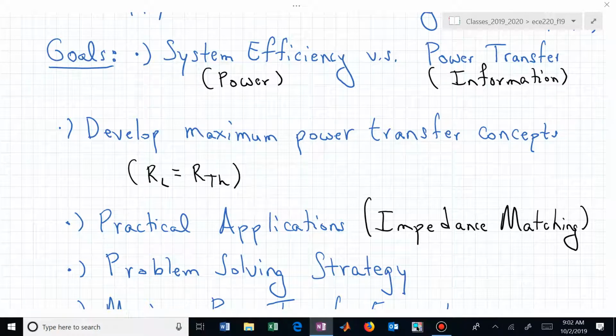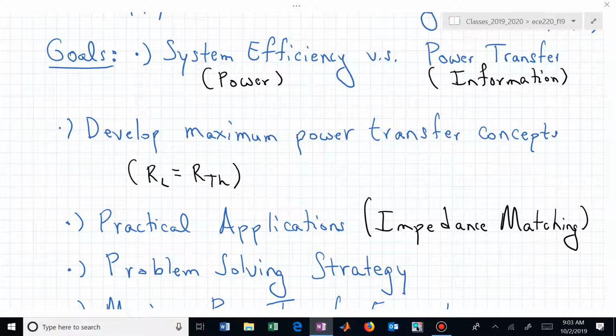And we'll talk then about system efficiency, which is when we are talking about large power levels, big distributions of power, system efficiency, that concept versus if we're trying to transmit information, let's say in a communication system or in a sensing environment, then we might want maximum power transferred to the load.